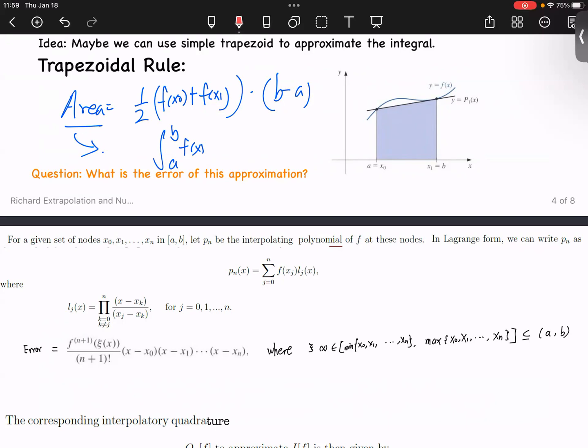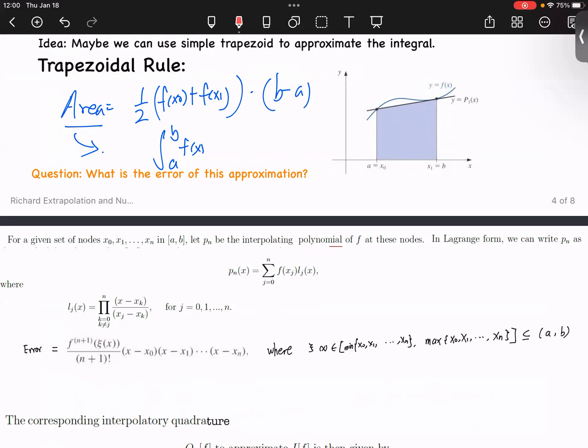And the basis for the subscript j is a product over the index k, where k is from 0 to n, but we exclude k equal to j in the denominator. So this is the basis function.